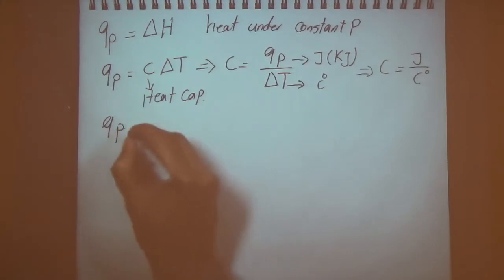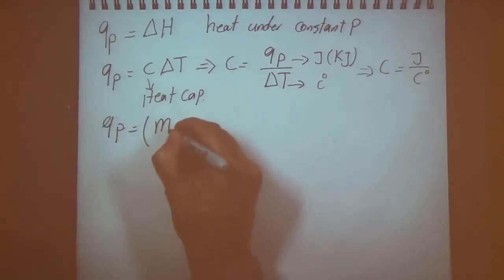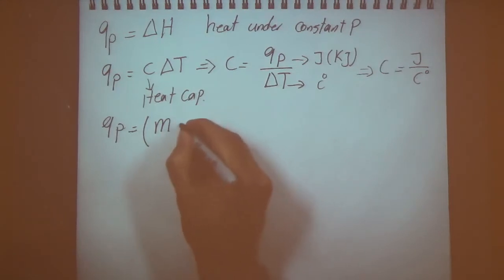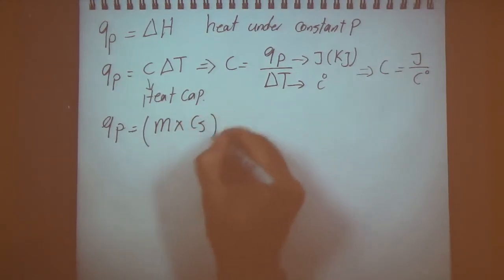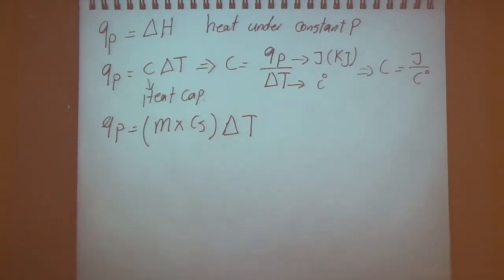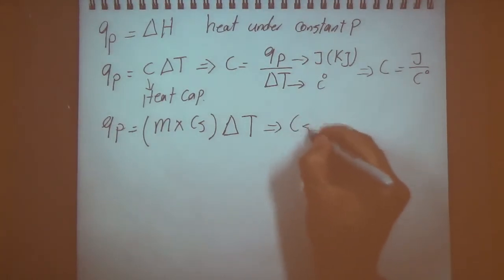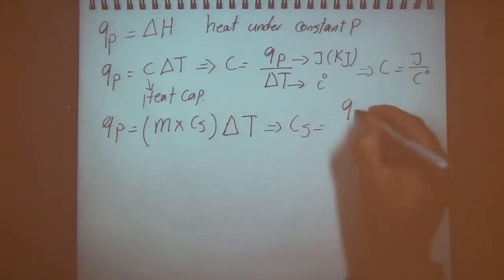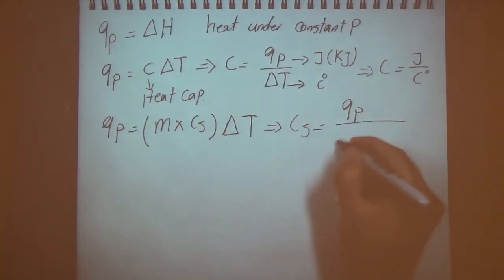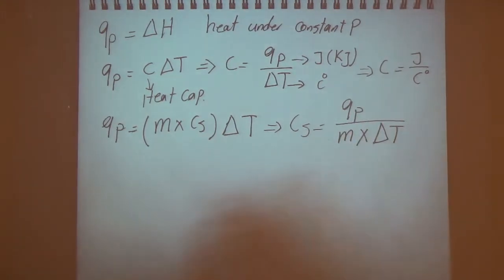Heat under constant pressure, you can rewrite as mass multiplied by CS, and the whole thing multiplied by delta T. So now rewrite the CS. CS will be equal to heat under constant pressure divided by mass multiplied by delta T. Write the unit for them.